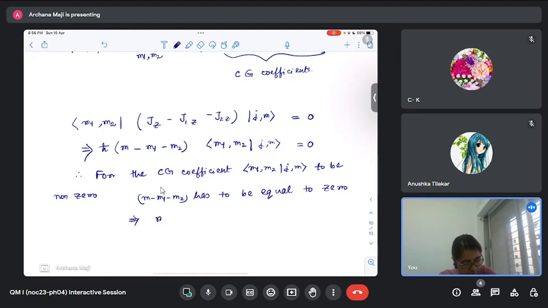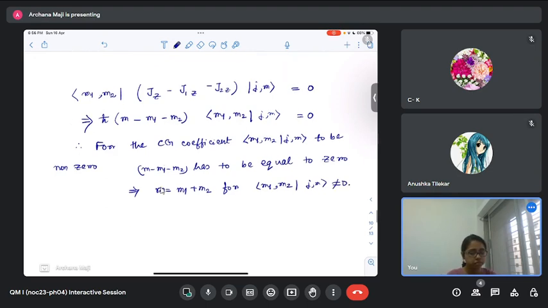Which implies M equal to M1 plus M2 for the coefficient to be non-zero. Oh, that I have written already. Why am I repeating? That implies M equal to M1 plus M2. Fine.